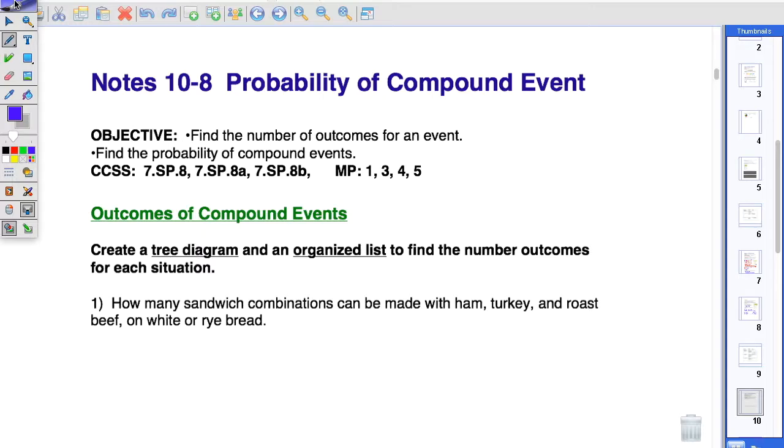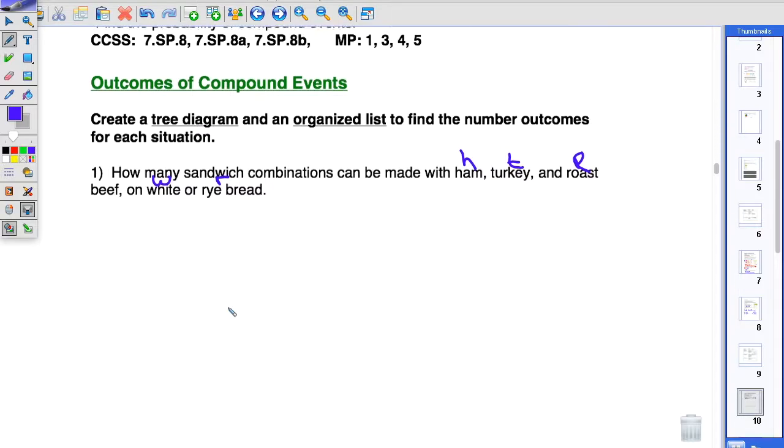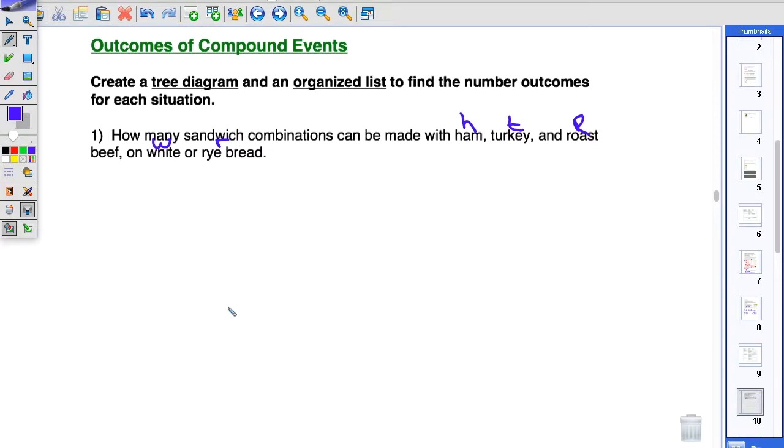Number 1, how many sandwich combinations can be made with ham, turkey, and roast beef on white or rye bread? We'll start by identifying the ham with H, T for turkey, capital R for roast beef, W for white, and lowercase r for the rye bread. Start by listing your meats.